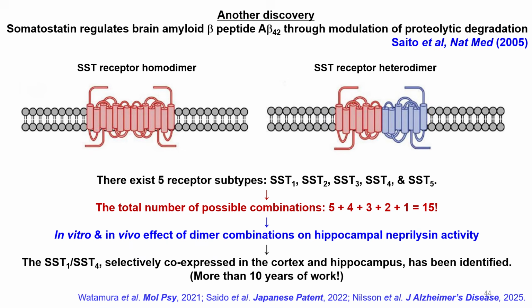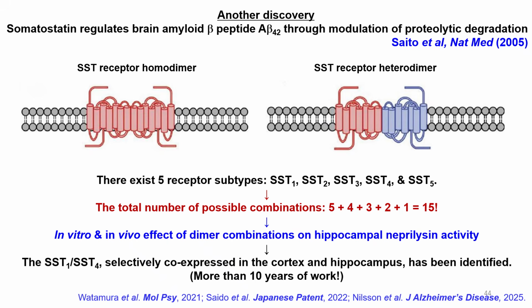We then reported that a neuropeptide, somatostatin, regulates brain A-beta 42 through modulation of proteolytic degradation in 2005, but it was not easy to identify the target receptor because the somatostatin receptors are composed of a homodimer or heterodimer, and because there exist 5 receptor subtypes from SST1 to SST5, making the total number of possible combinations up to 15.